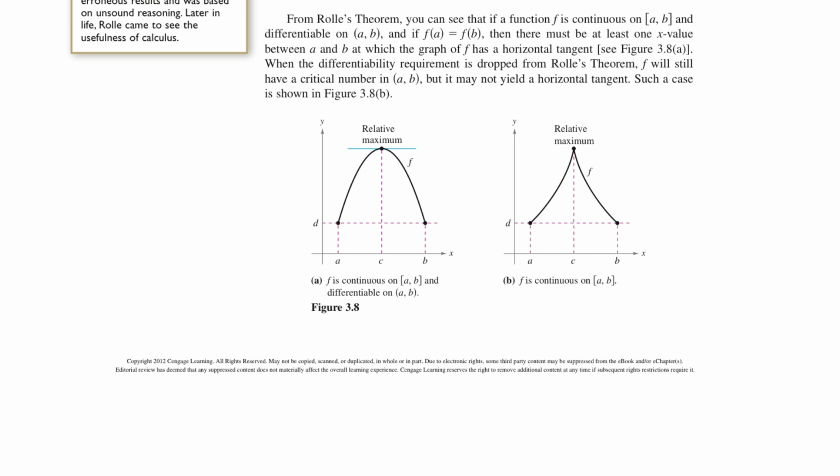On the right-hand side, notice it's continuous. However, with this cusp, it is not differentiable. So even though a maximum exists here, and even though f of a is equal to f of b, it's not differentiable over the open interval a to b on this side.